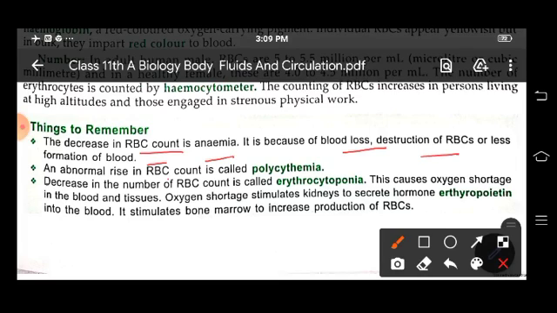An abnormal rise in RBC count is called polycythemia, and a decrease in the number of RBCs is called erythrocytopenia. This causes oxygen shortage in the blood and tissues. Oxygen shortage stimulates the kidneys to secrete the hormone erythropoietin into the blood, and it stimulates bone marrow to increase the production of RBCs.